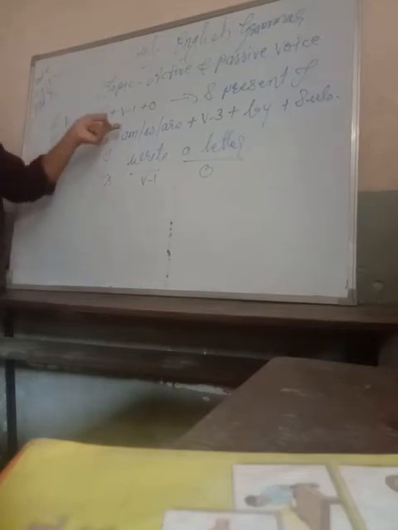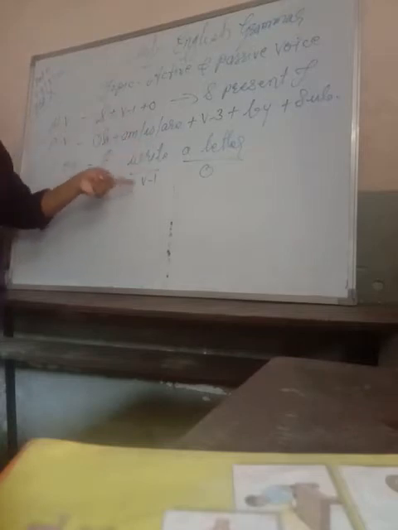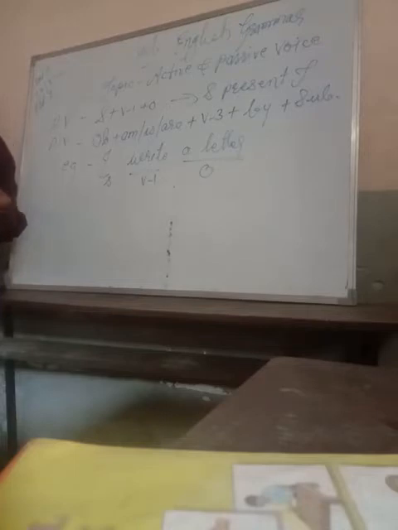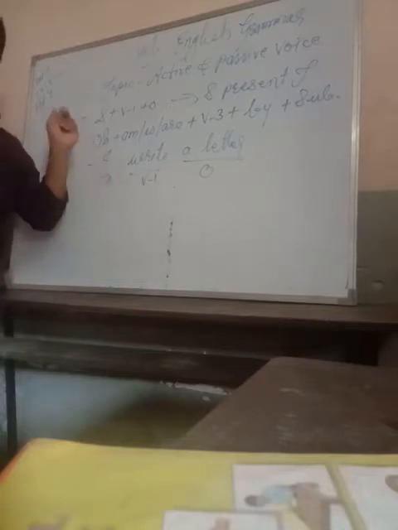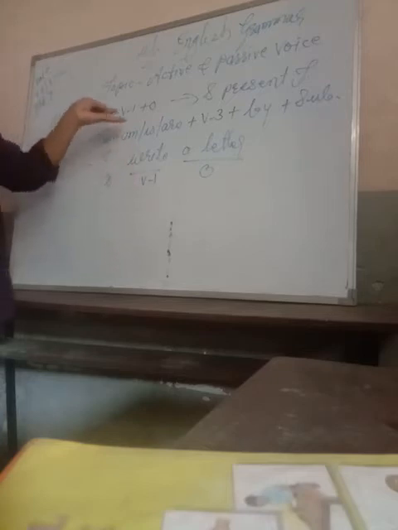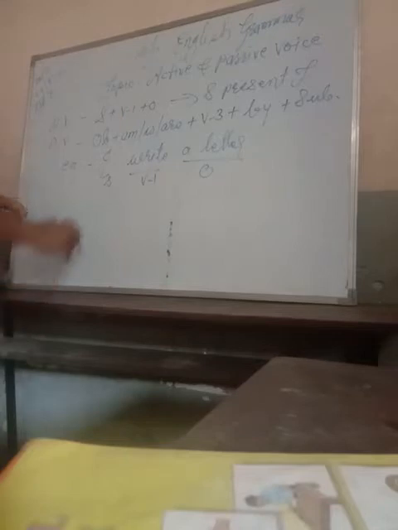Because you know there is no to be verb found in the sentence. If to be verb is there and V3 is there, means to be plus V3, if you find this combination in the sentence, it is surely a passive voice. Both of them are not here, so it is surely an active voice.